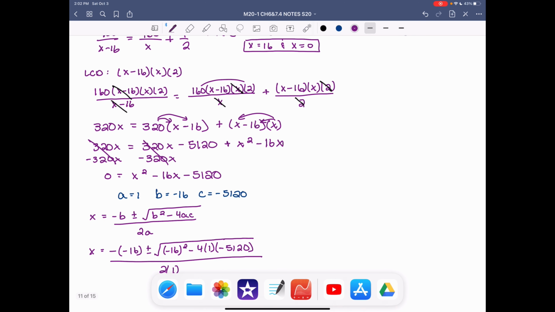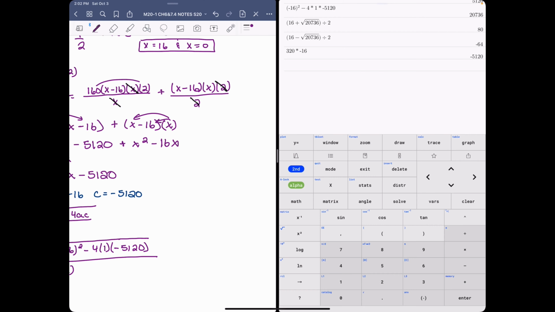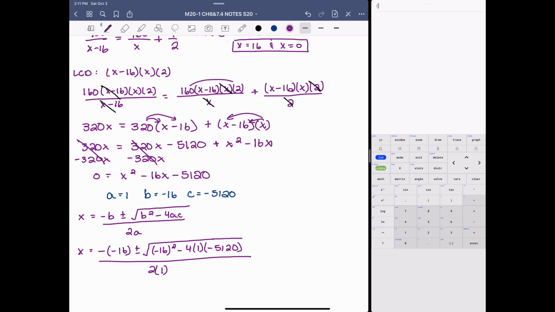Let's calculate what's under the root sign. Bracket negative 16 close bracket squared minus 4 times 1 times negative 5,120 gives us 20,736. We get x equals negative 16 is just 16 plus minus square root of 20,736 divided by 2.